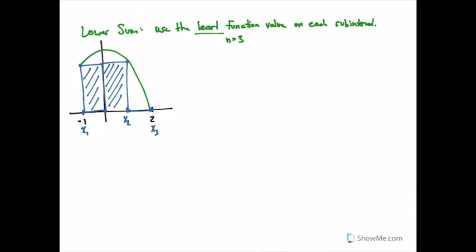So for the lower sum, we are going to have delta x times f of x sub 1 plus f of x sub 2 plus f of x sub 3.